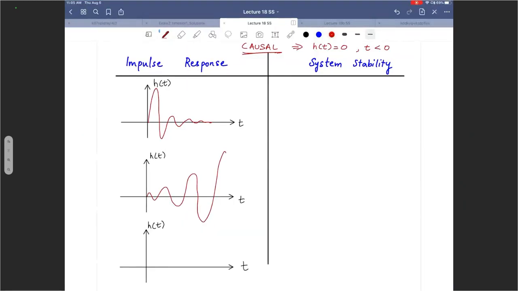My last possibility is something in the middle of these two, which is what? The oscillations keep going on forever. So if the system impulse response looks like the one at the top, that is actually an asymptotically stable system.